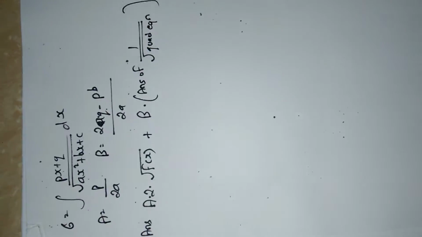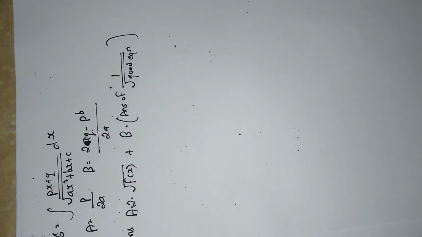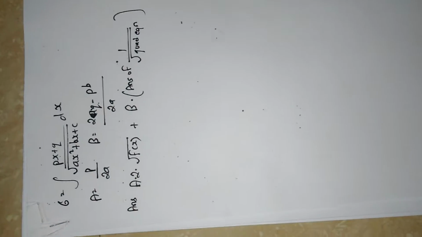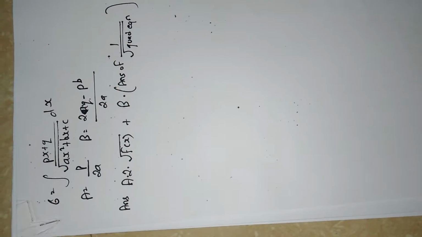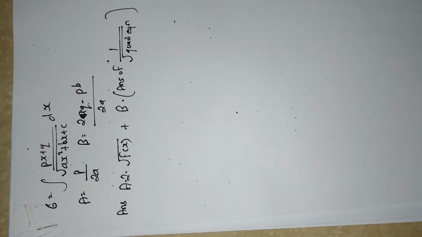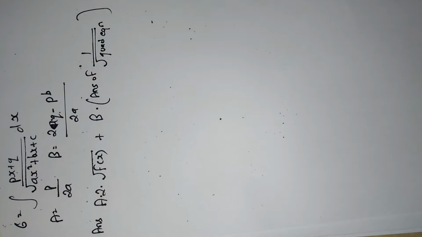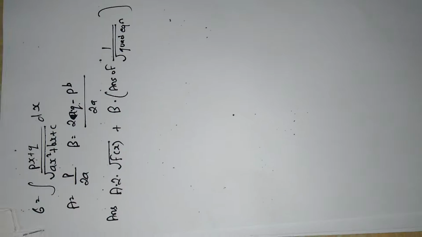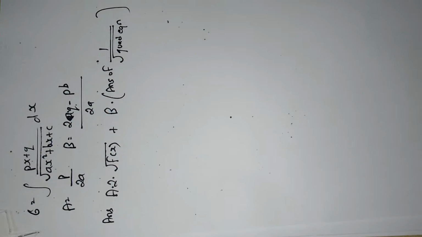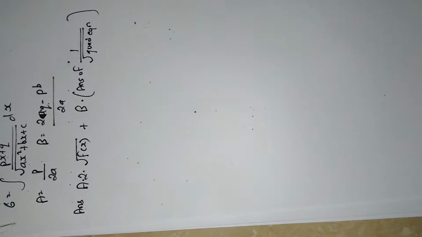This is your final answer. I am not going to solve it because it is quite similar to the 5th shortcut. So guys, I am skipping the example of this. It is similar to the 5th one. So guys, please try to solve it yourself. So guys, moving to the 7th shortcut.